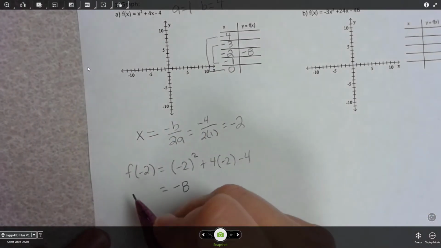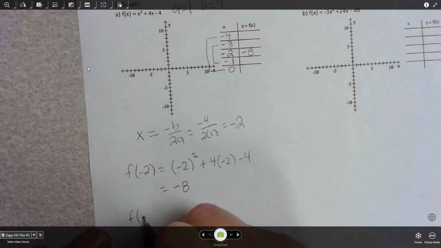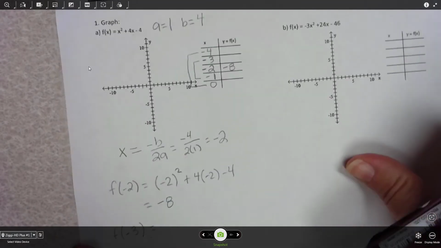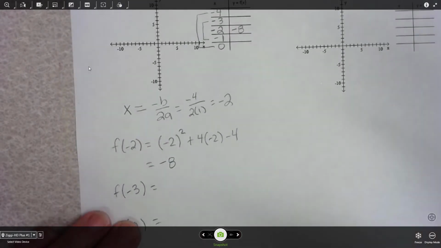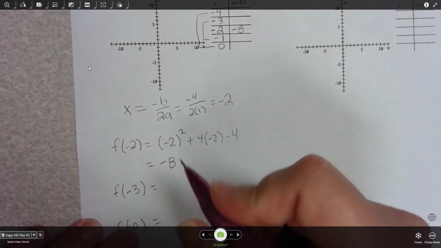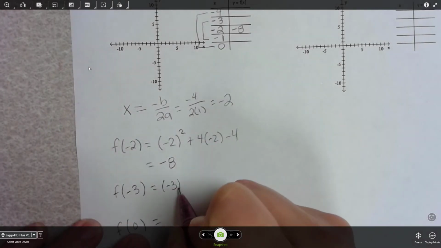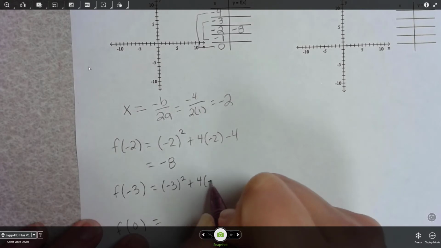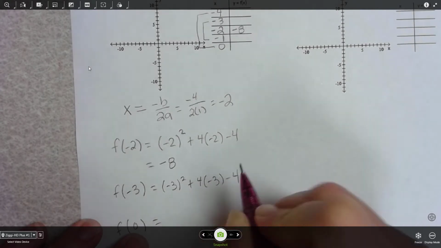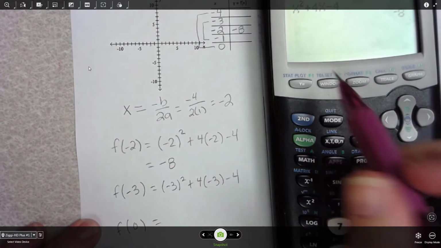Alright, then I would do the same thing with -3, and then also once I find -3, then I also know the value of -1. So if I plug in -3, which you can use your calculator for, which sometimes may be a little bit faster once you get the function typed in.